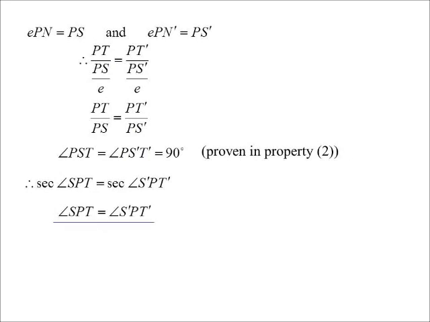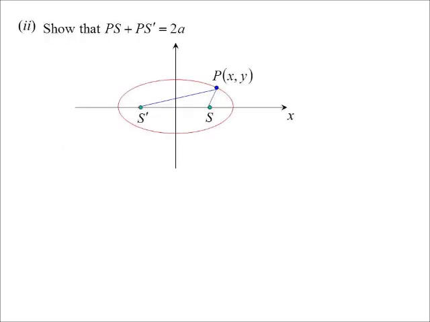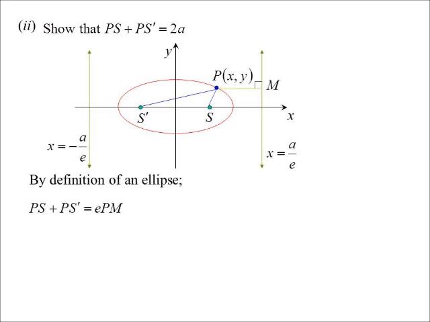Alright, let's jump to this little property. What it's basically saying is the sum of the focal chords is always 2A. So PS plus PS dash will always be 2A. And there's a neat little way of proving it. So what we do is we use our definition of the ellipse again. And so I know PS would be equal to the eccentricity times PM.